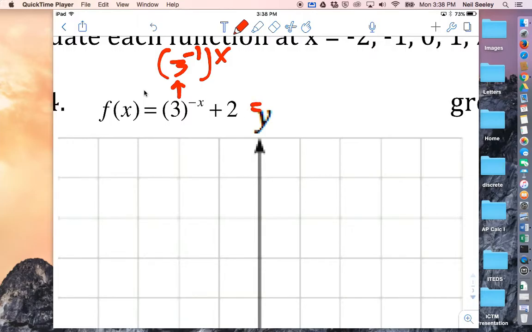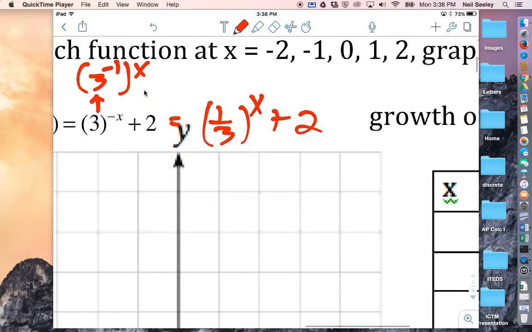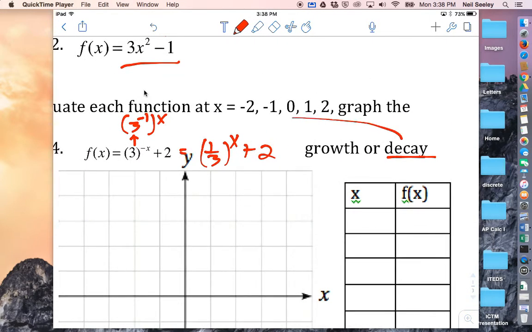So really this whole function is kind of like graphing 1/3 to the x plus 2. It will decay because ultimately the number being exponentiated, or multiplied again and again, is between 0 and 1. Whenever your factor is a fraction between 0 and 1, you know it's going to decay, repeatedly multiplying by a number less than 1, which chops it down by that factor each time.